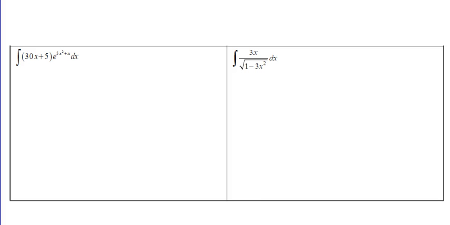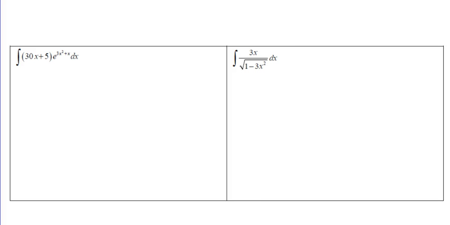Okay, 30x plus 5 times e to the... Oh, here we go. So what's u? 3x squared plus x. Not e to the, just the 3x squared plus x. Because what's the derivative of that? It's going to be 6x plus 1.